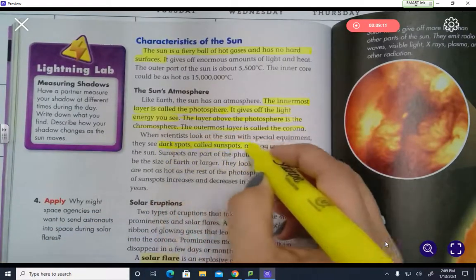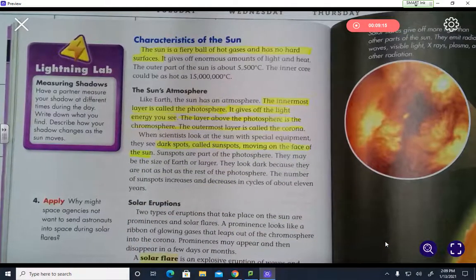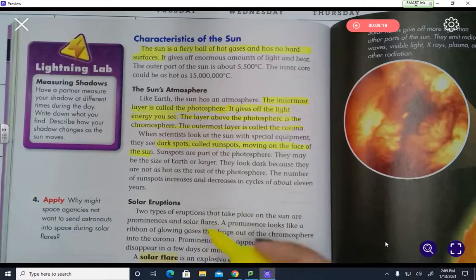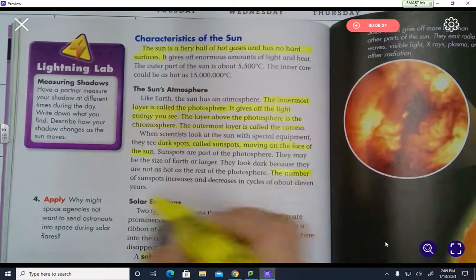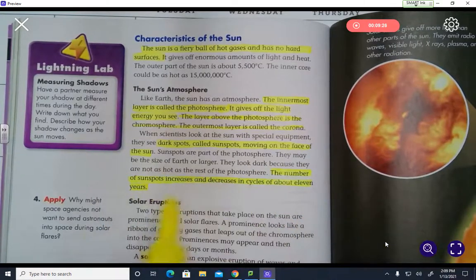I'm going to highlight that dark spots called sunspots move on the sun. We're going to highlight that the number of sunspots increase and decrease in cycles about 11 years.